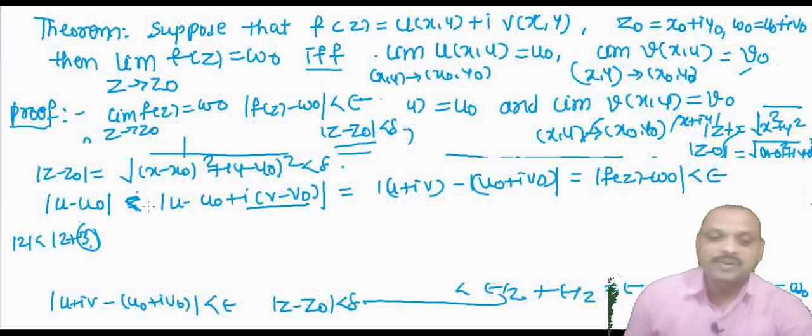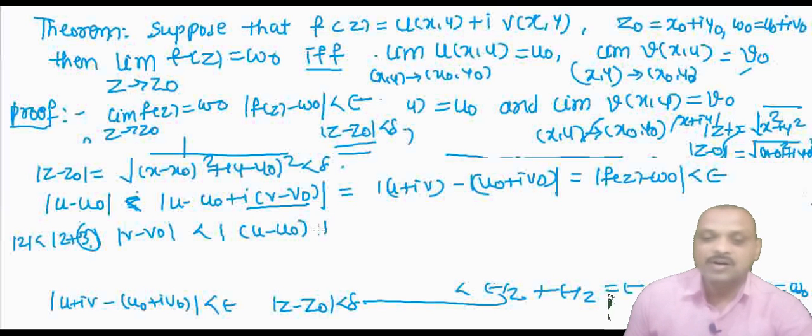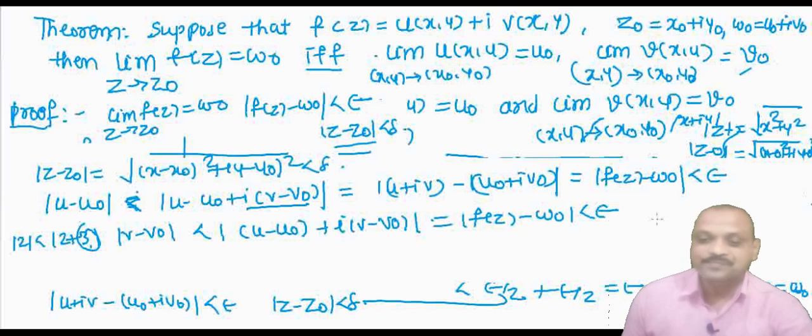Similarly, mod of v minus v0 is less than mod of (u minus u0) plus i into (v minus v0), which is also mod of f of z minus w0, less than epsilon, whenever the square root of (x minus x0) whole squared plus (y minus y0) whole squared is less than delta.